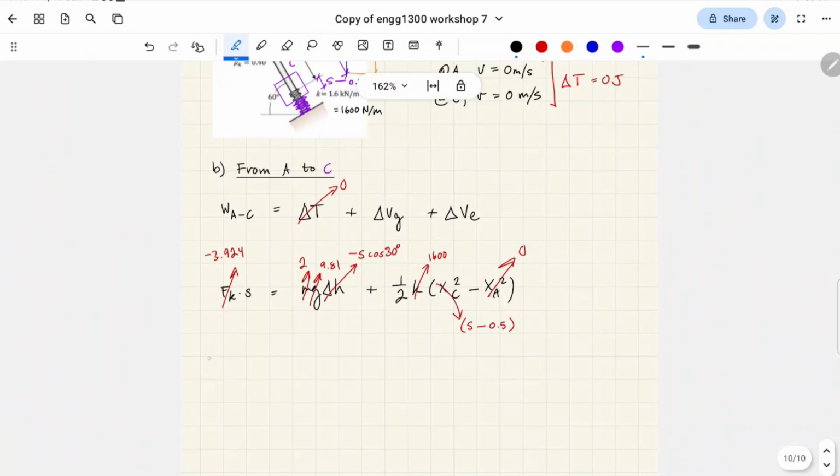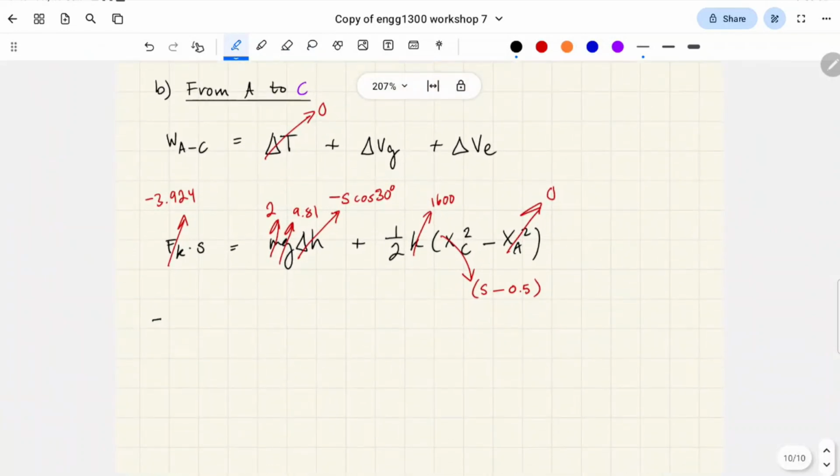Okay, so let's simplify everything. I'm going to put a bracket around these S's because I can't distinguish my own writing from the S and the 5.